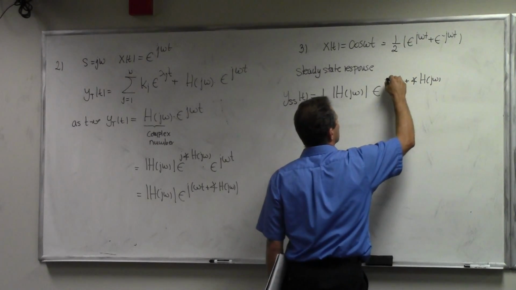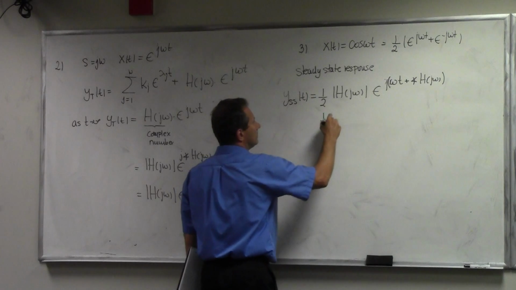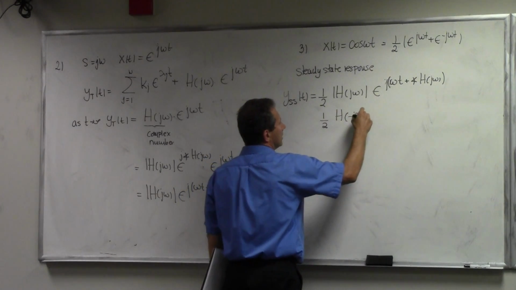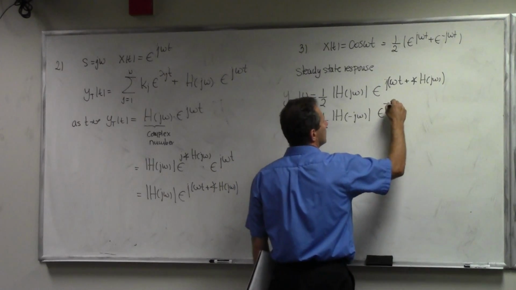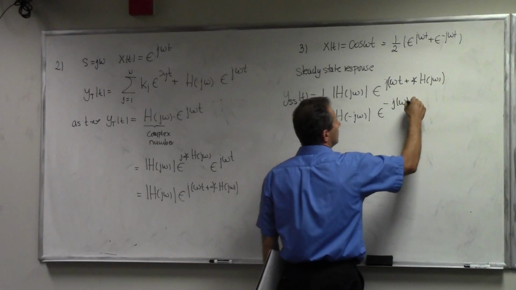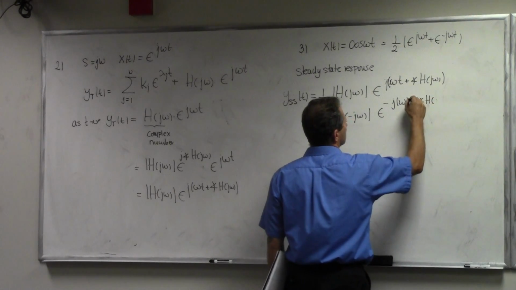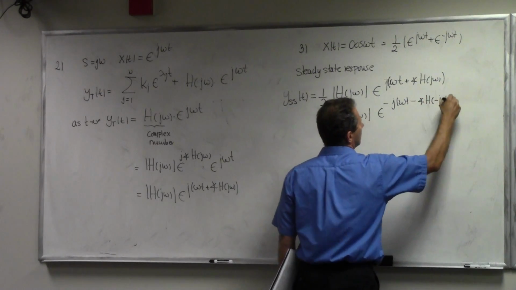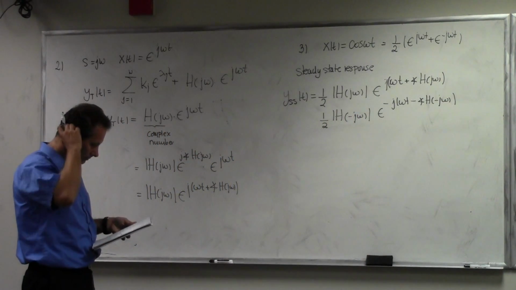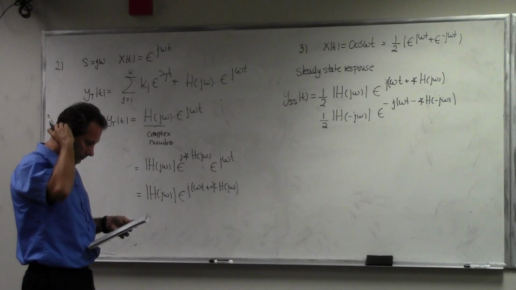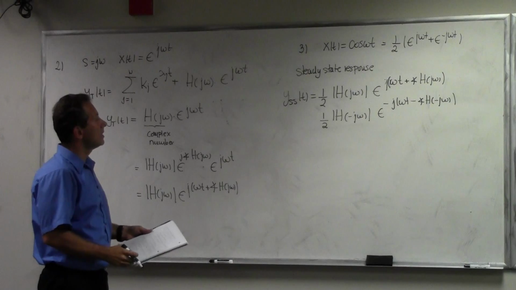This is in parentheses now. Okay, so that's the first one. And then plus 1/2 the magnitude of h of minus j omega times e to the minus j, omega t plus the angle of h of, well, I should say minus j omega. So that's one way of writing it.